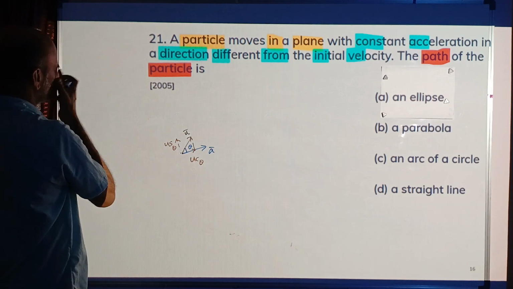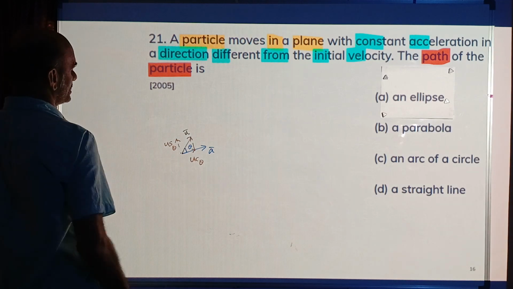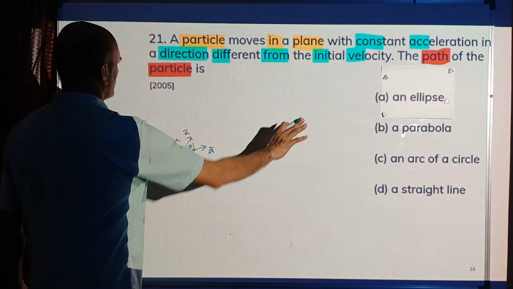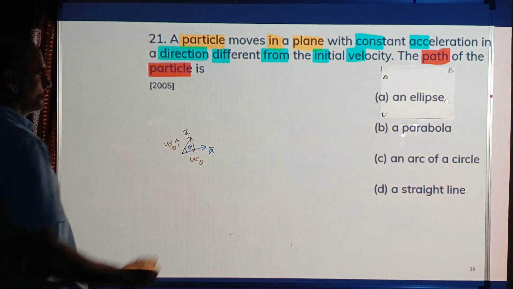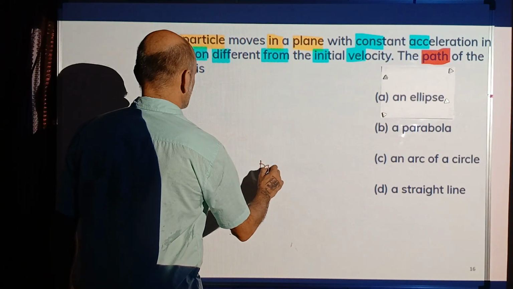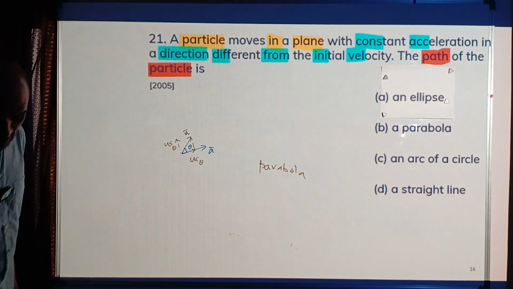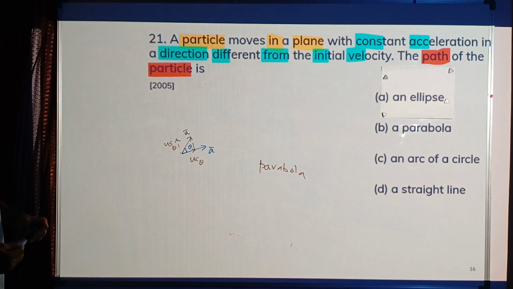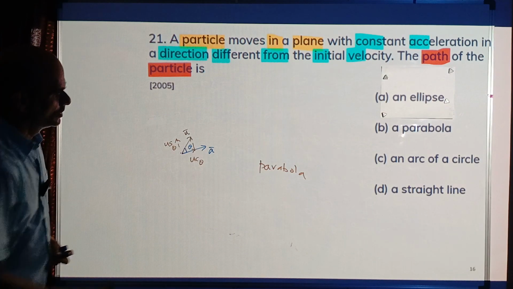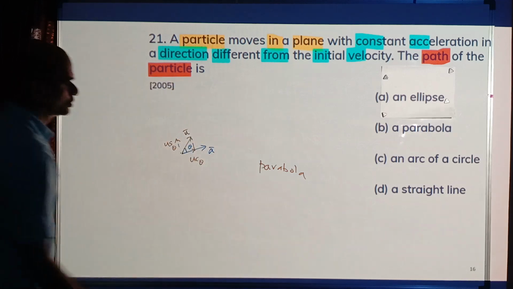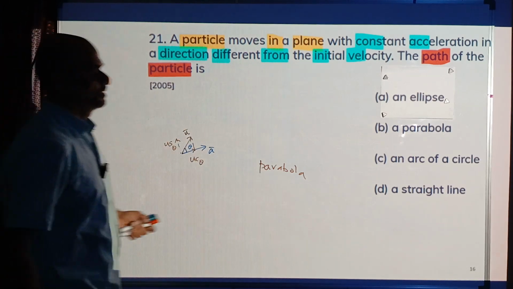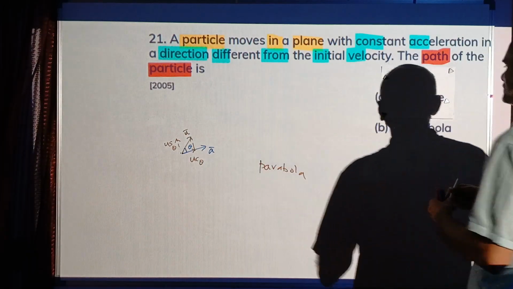So in this direction there will be uniform velocity motion of value u sin theta. In this direction, the velocity will keep on increasing. But the path will be a parabola. This we can understand from projectile motion, where the mass is moving under the influence of gravity, thrown from the Earth's surface. So correct option is option B.